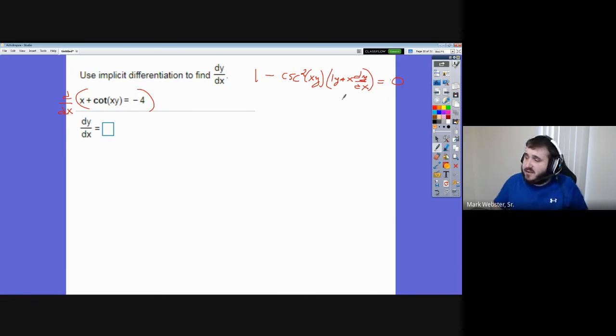So you're going to see this happen a lot too, where one side's just going to completely be gone. And so you put that 0 there, and then you can basically solve for the dy dx slowly, right? Because you can subtract 1.